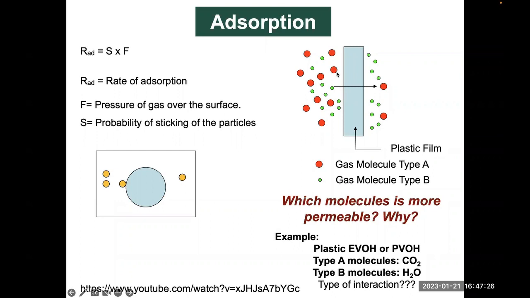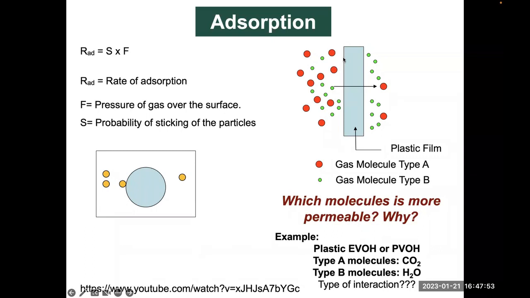What determines the permeability? The interaction between this permeant red and green, it will determine how fast it will move through. So if this red molecule likes it, it will adhere to the surface, what we call as adsorption.